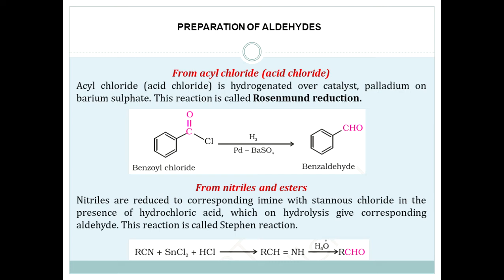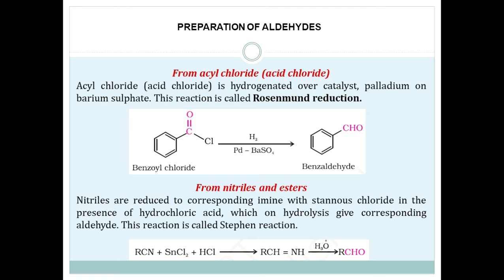Next, the preparation of aldehydes from nitriles. Nitriles are reduced to the corresponding imine with stannous chloride in the presence of hydrochloric acid, which on hydrolysis gives the corresponding aldehyde. This reaction is called the Stephen reaction. In the Stephen reaction, the alkane nitriles are first reduced in ether solution by hydrogen chloride gas and stannous chloride at room temperature.